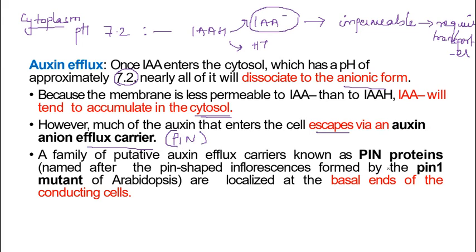Now how were these PIN proteins identified first? They were discovered first in Arabidopsis.